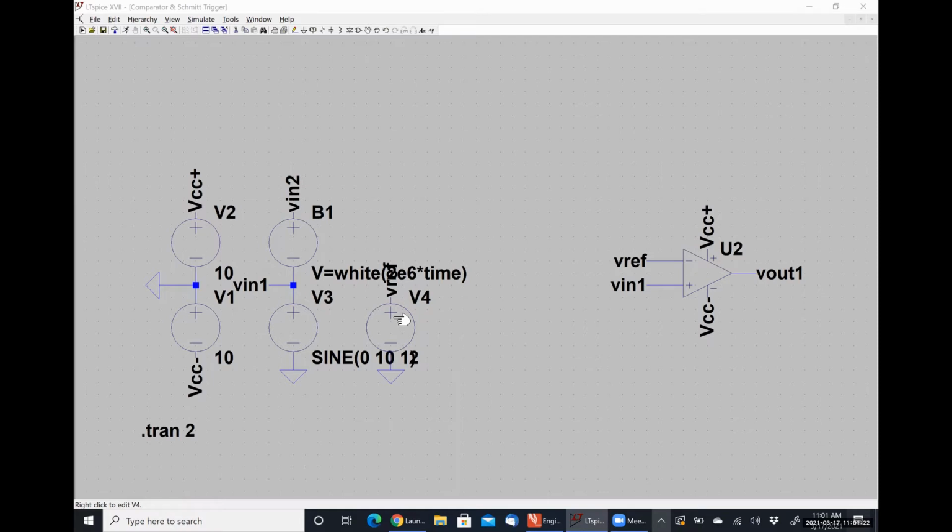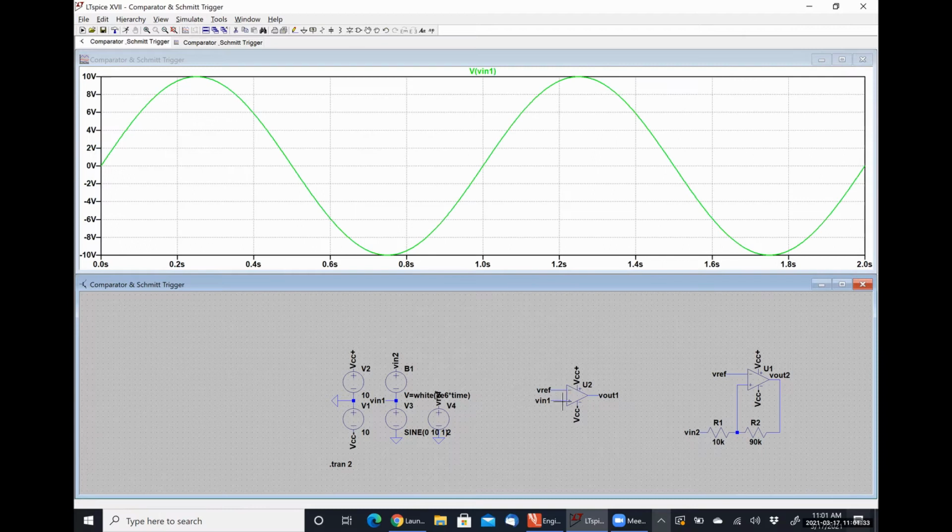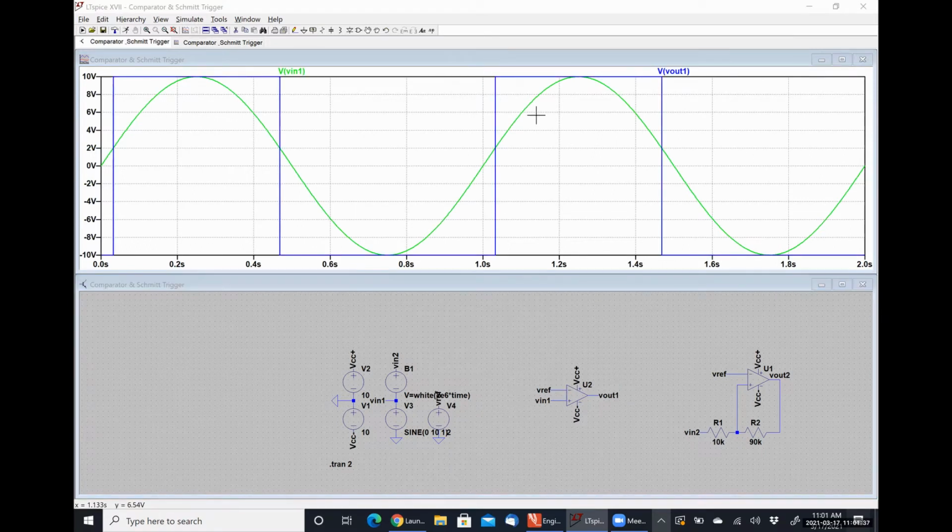So with that in mind, if I run a simulation of this circuit, and I'm going to click on VN1 and VOUT1, we can see that I have a comparator wherein every time my input voltage exceeds 2 volts, my reference voltage, my output goes to VCC plus, which is 10 volts.